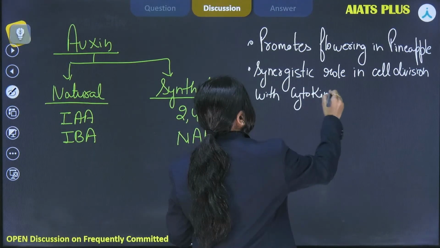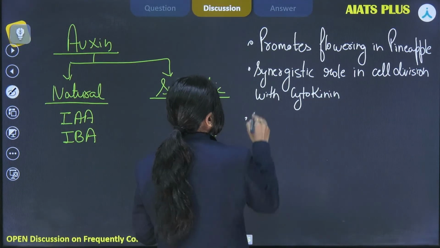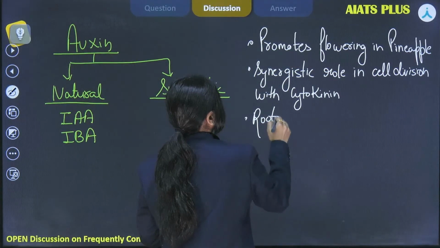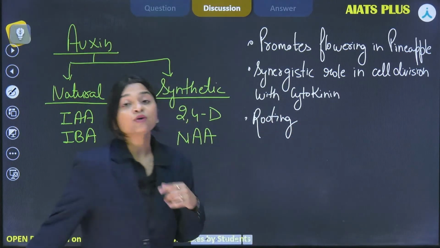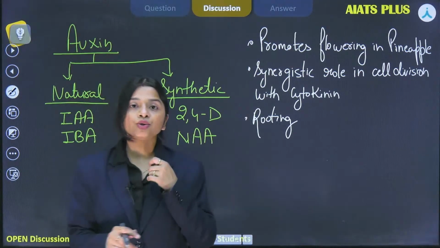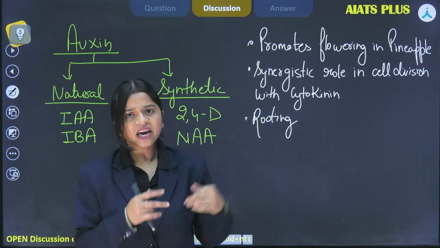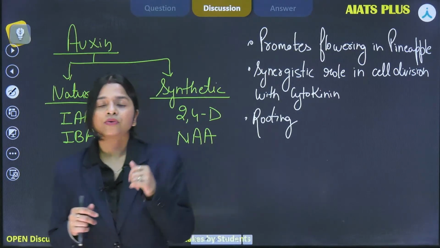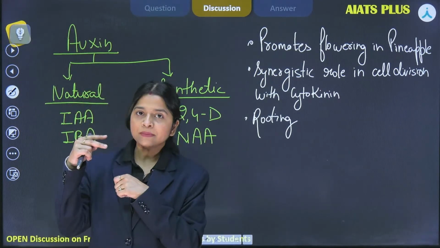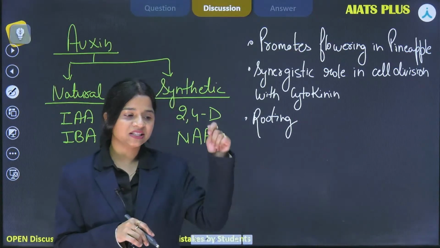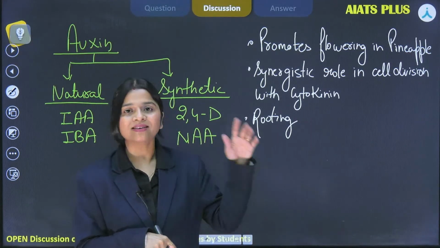Okay. The next function that is performed is rooting. Suppose we have certain stem cuttings. We want to vegetatively propagate, let's say, rose. Okay, we have stem cuttings from rose. Now what we do, we take the stem cutting and we put it in the soil. We simply plant it in the soil.